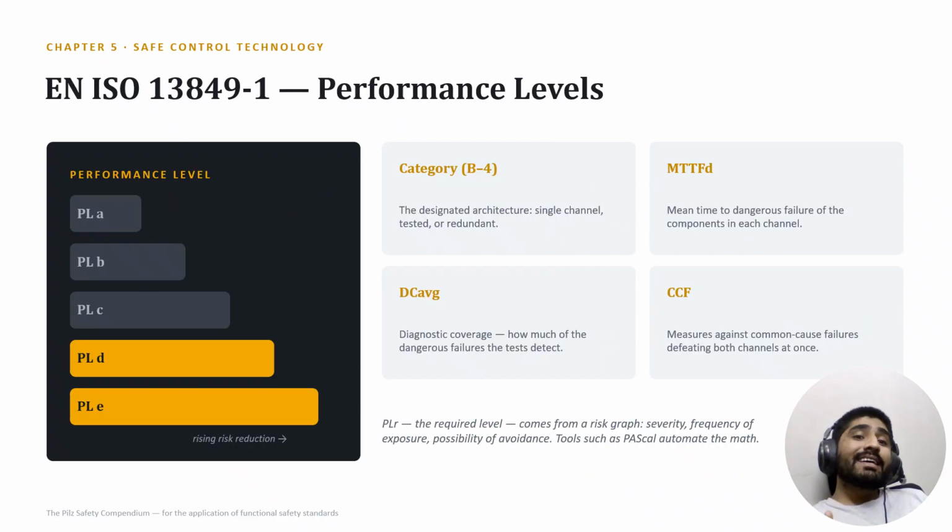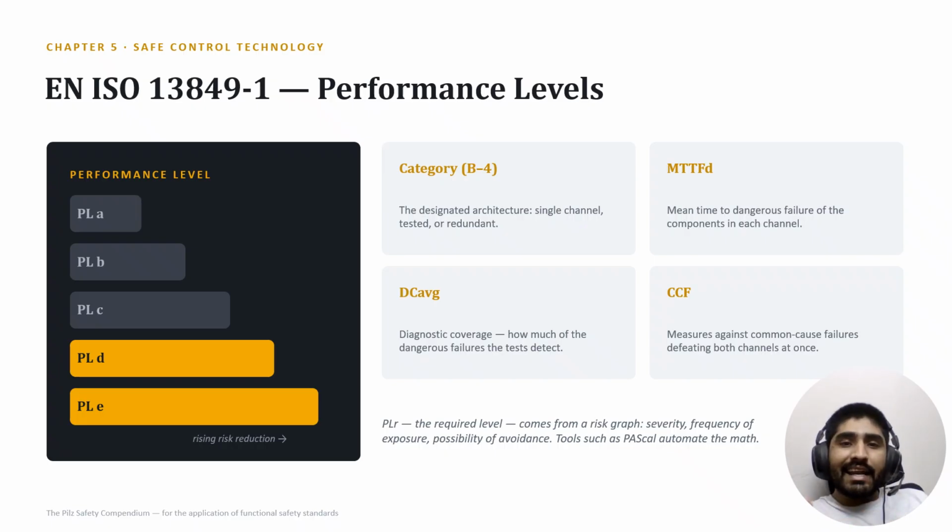Chapter 5 brings us to safe control technology, my favorite part as a control engineer. EN ISO 13849 evaluates the safety-related part of the control system using the performance level, PL a through e, where e represents the highest risk reduction.